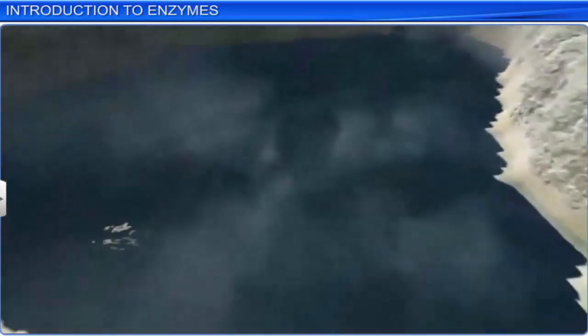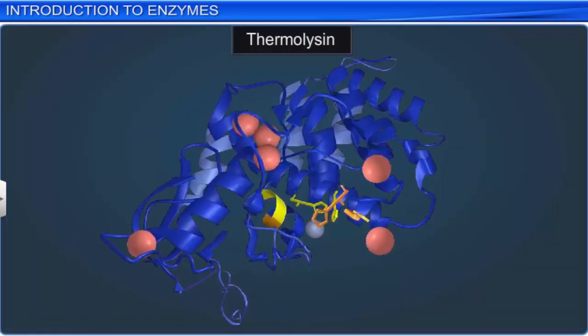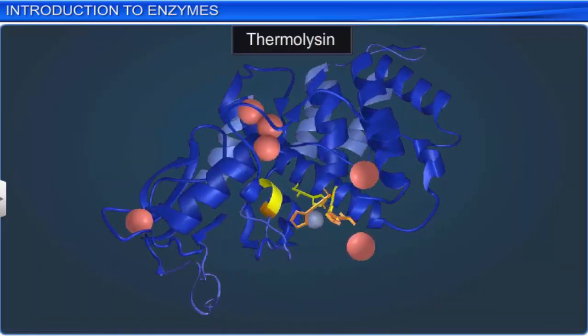However, some enzymes, such as thermolysin, can be isolated from thermophilic organisms that live in high-temperature environments like sulfur springs. These enzymes retain their catalytic power even at temperatures as high as 80 to 90 degrees centigrade.